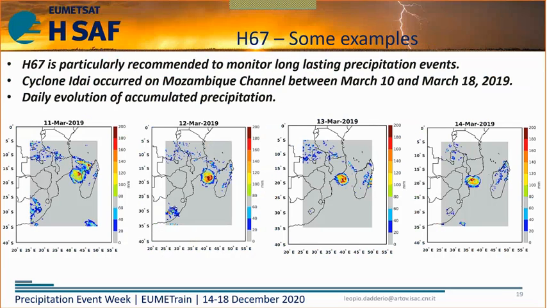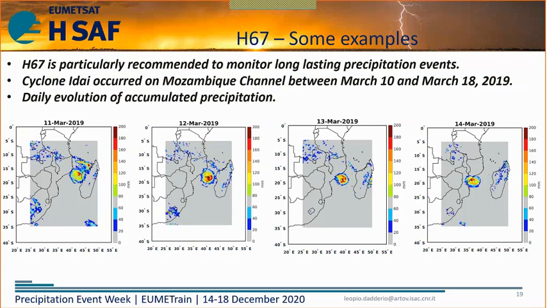Here are some examples, because H67 is particularly recommended to monitor long-lasting precipitation events. Here we have the cyclone Idai that occurred in the Mozambique Channel between March 10 and March 18, 2019.